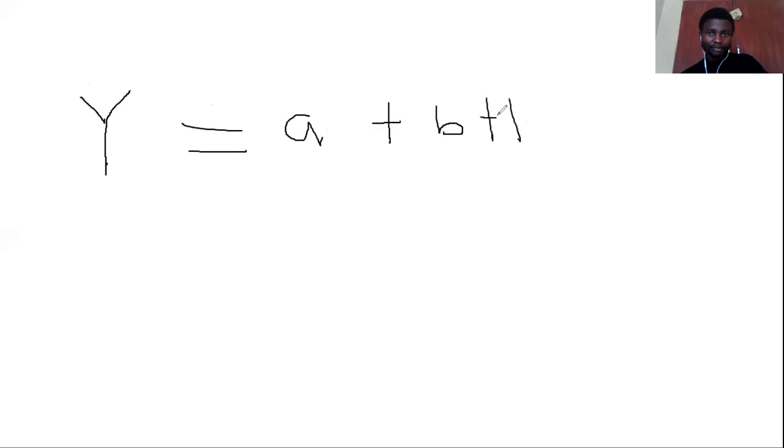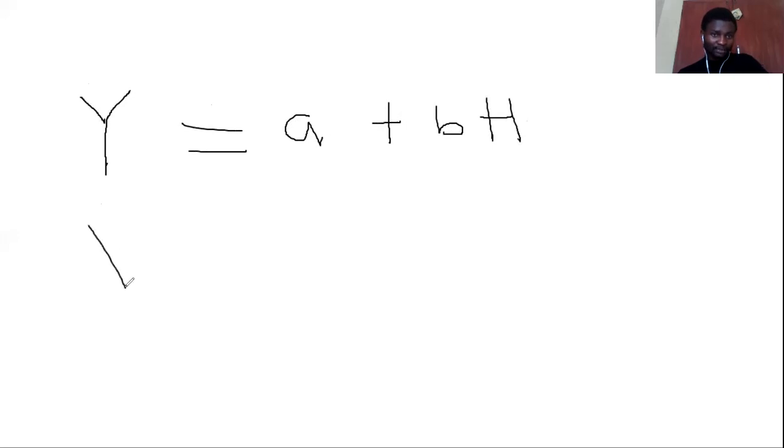So this is it. For instance, this is what this linear regression equation is telling us. I have A plus B times height. Here our Y stands for our volume, A stands for the intercept, and B stands for the parameter for height. You understand? That's the parameter for height.